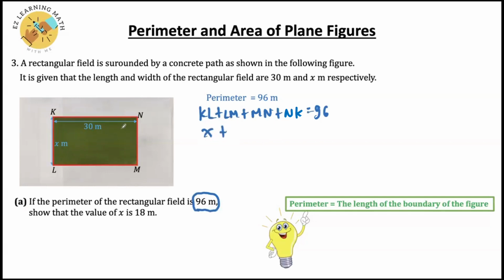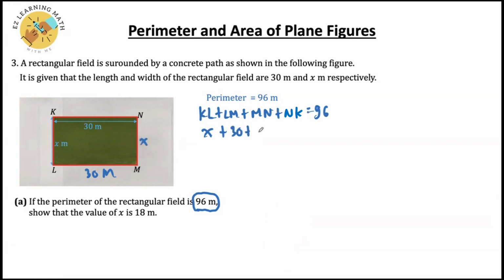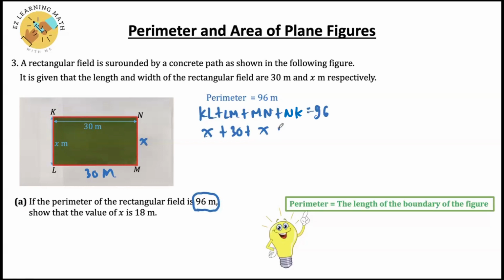KL is x meter, LM is 30 meters. MN is also x meter. And NK is 30 meters. Equals to 96. So let's add the like terms.